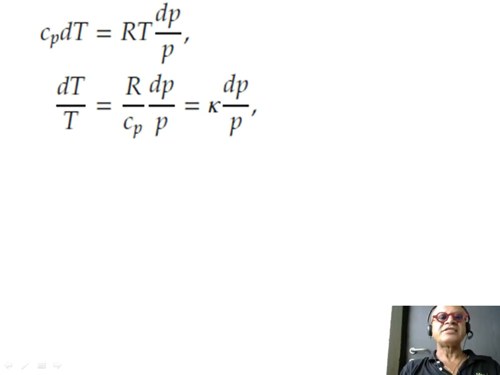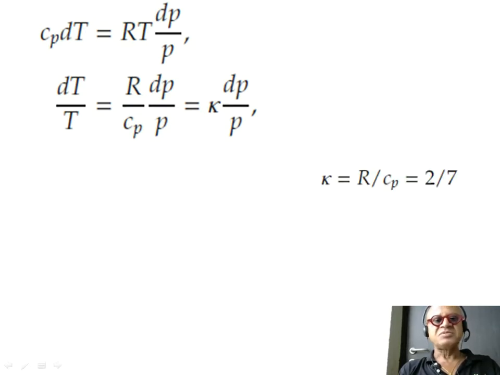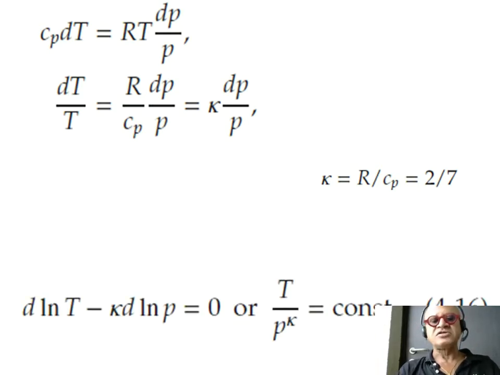So you can write this as dT over T, taking the T over here, R over Cp, which is a constant kappa, times dP over P. So dT over T is kappa dP over P. Very simple derivation. Kappa is a constant, 2 over 7, just a property of ideal gas.